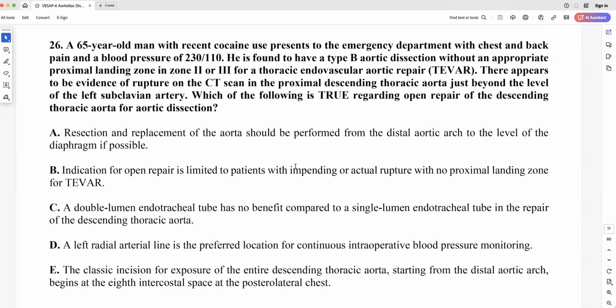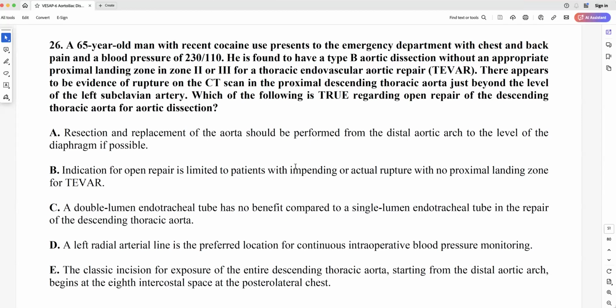It's exactly like juxtarenal: you clamp suprarenal and do the anastomosis infrarenal. The same in this one: you clamp between the common carotid and subclavian, but you do the anastomosis distal to the subclavian. Okay.